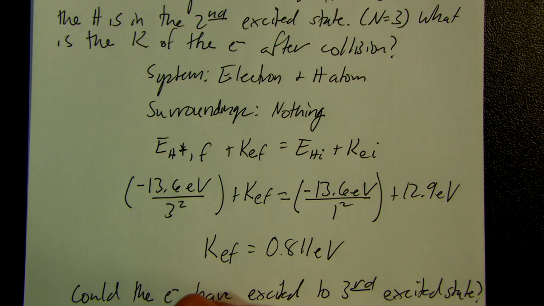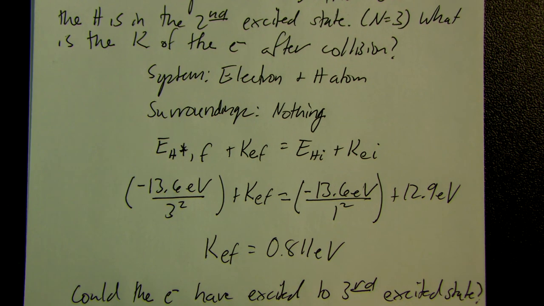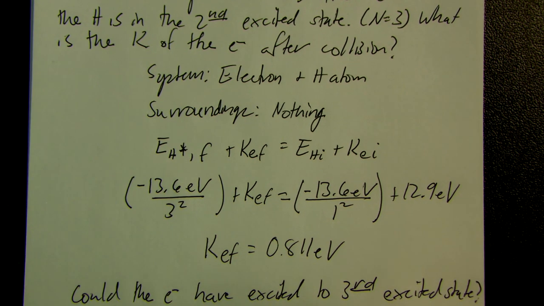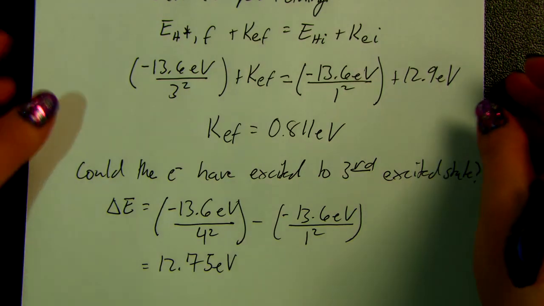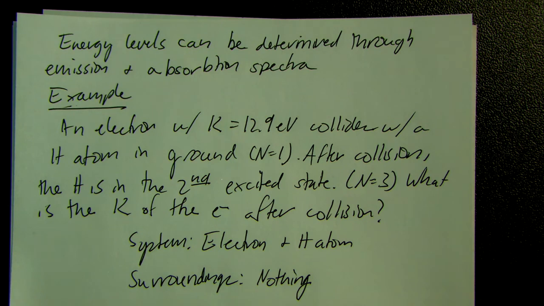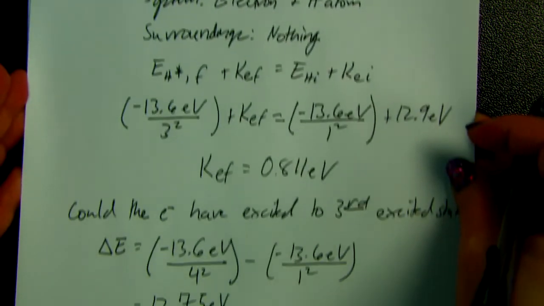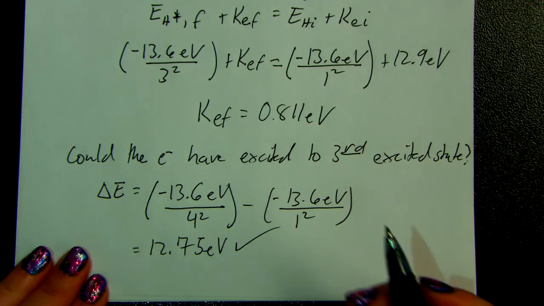So delta E between the ground and the third excited state is 13.6 eV over 4 squared minus 13.6 eV over 1 squared. This is equal to 12.75 eV, which let me show that to you. And if we remember, the original kinetic energy is 12.9 eV, so this would have been no problem.